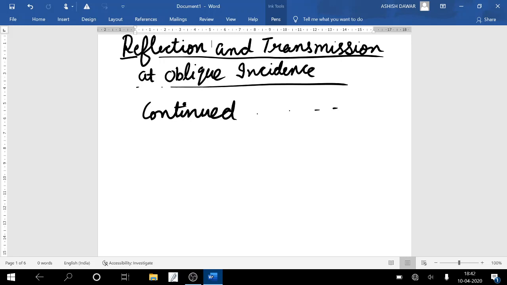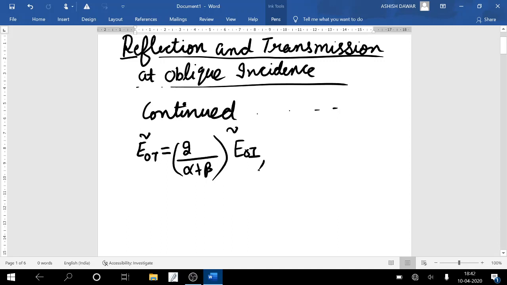In the previous lecture we found the values of E0t equals 2 upon alpha plus beta E0i, and E0r equals alpha minus beta upon alpha plus beta E0i.